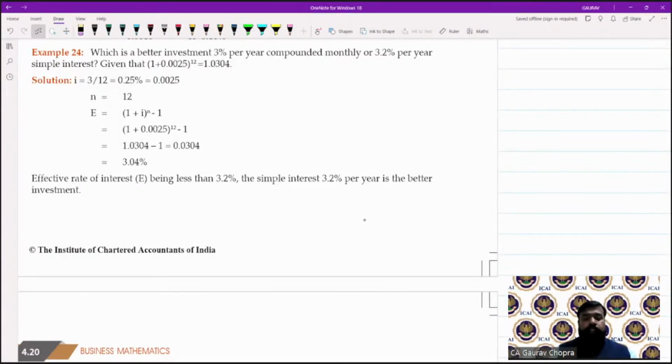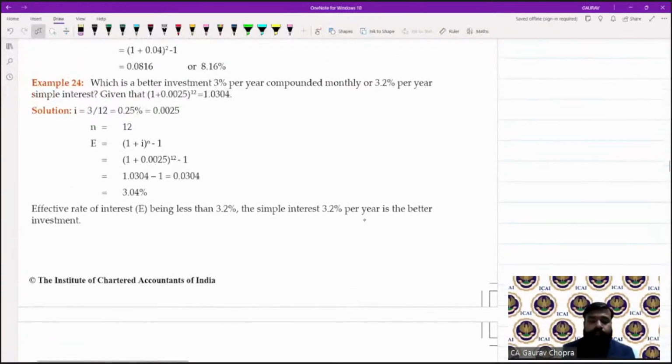So first option is 3% per year compounded monthly. So we can simply calculate the effective rate here. So 3% is there, but compounding is on monthly basis. So we can calculate the effective rate and compare. So effective rate will be 1 plus 3 upon 1200 whole to the power of 12 and then minus 1.